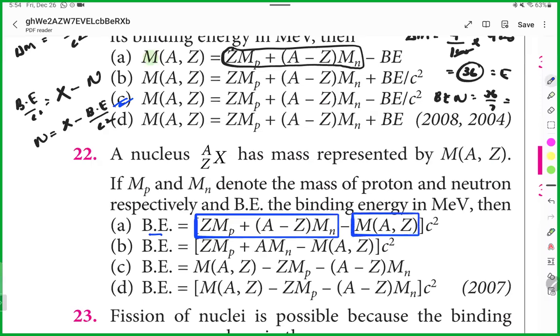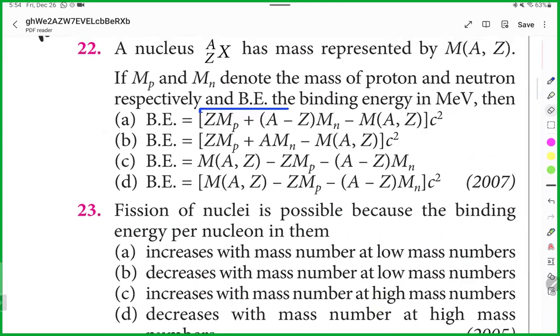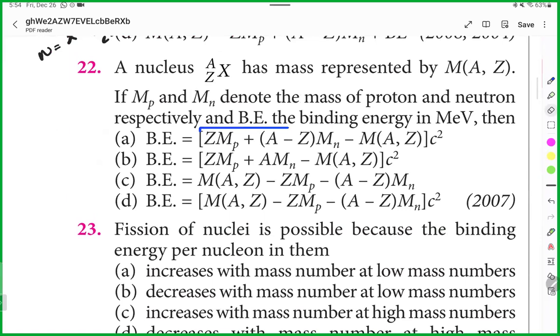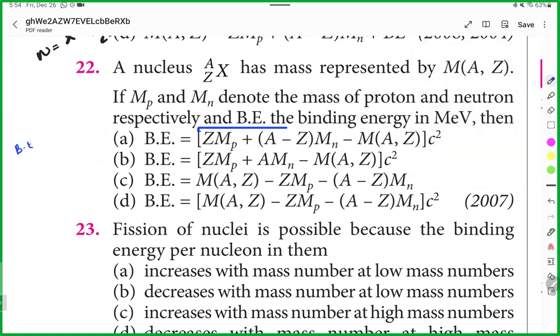Difference between them is delta m multiplied by c square. Any doubt, Sarah? Yes, sir. I didn't understand it. You didn't understand. Should I explain this again? Yes, sir. So you know in this situation, binding energy is equal to delta m c square.